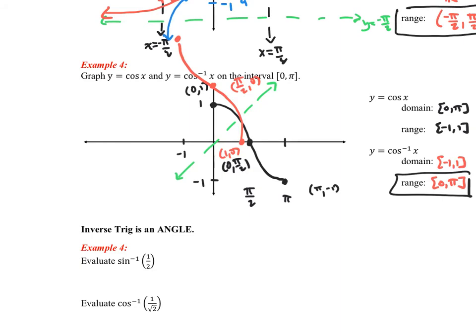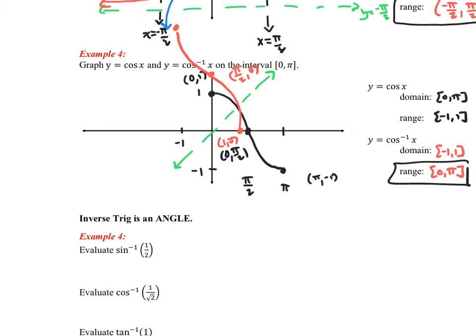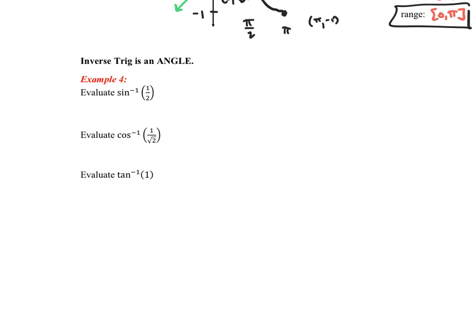Okay, let's look at a couple of examples here below. Evaluate inverse sine of 1/2. Well, the sine is positive in first and second quadrant, but when we deal with inverse sine, the range of inverse sine of x is between negative pi over 2 and pi over 2.